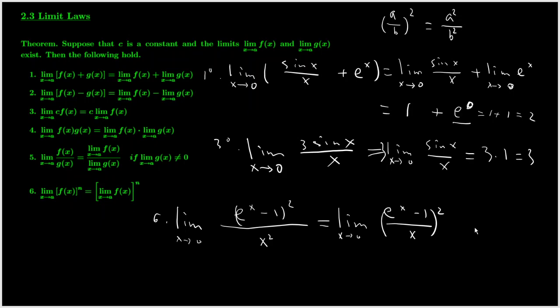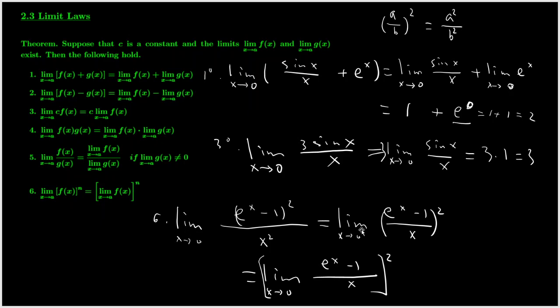But now we can use property number 6. You take n value of 2. You treat n to be 2 in the question. You use that property, you can get the limit as x approaches 0, the function now is e to the power of x minus 1 over x, now the whole thing squared. So compare the question I'm doing with property number 6. N value is 2.